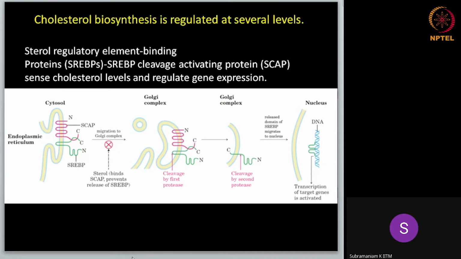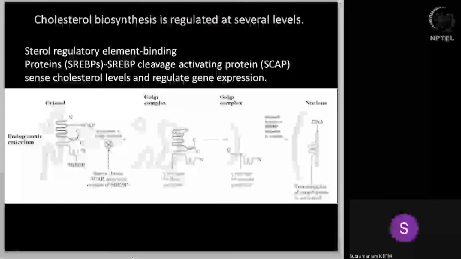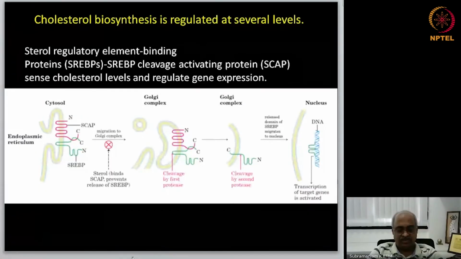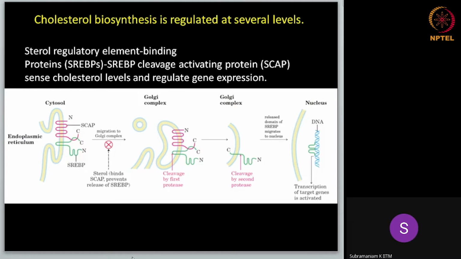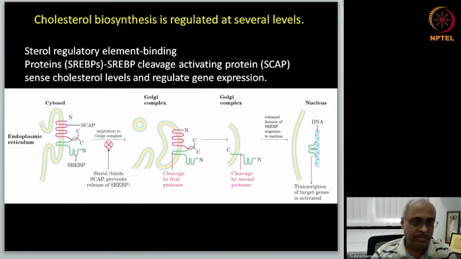This was worked out by the same two people whom we discussed yesterday, for their work on LDL uptake, LDL endocytosis: Brown and Goldstein. They were the ones who identified these SREBPs and SCAP and so on. So we'll briefly go through that.